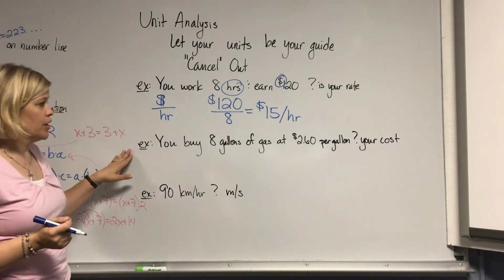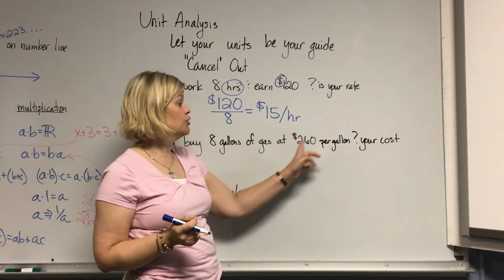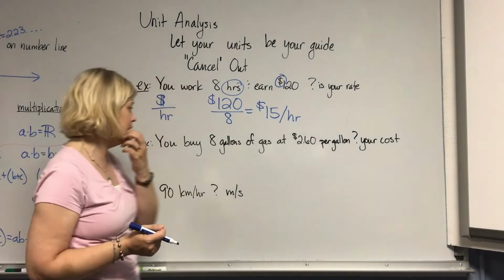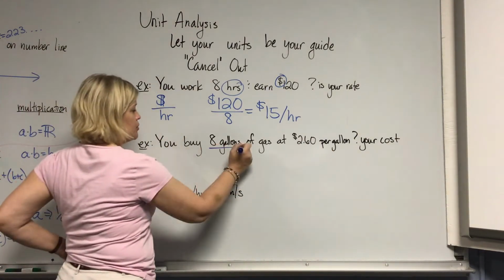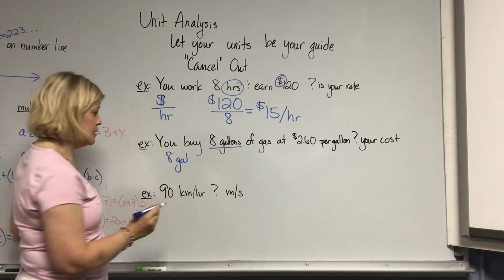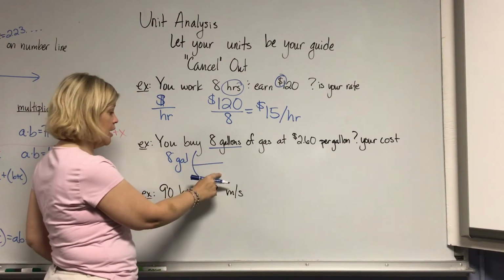Let's go on to this one. You buy 8 gallons of gas at $2.60. Oh, thank heavens it's not 200. $2.60 per gallon. Well, I'm going to start out with this one. I've got 8 gallons, and I want to get rid of gallons. So where would I put it? Up top or down bottom?